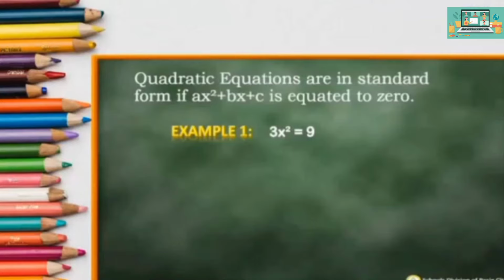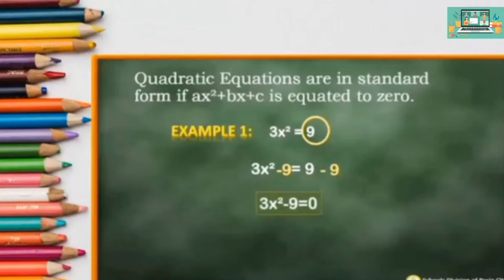From our example, 3x squared equals 9, we need to make the right side equal to 0. So in order to do that, we need to add negative 9 on both sides of the equation, applying addition property of equality. And this will give us 3x squared minus 9 equals 0.